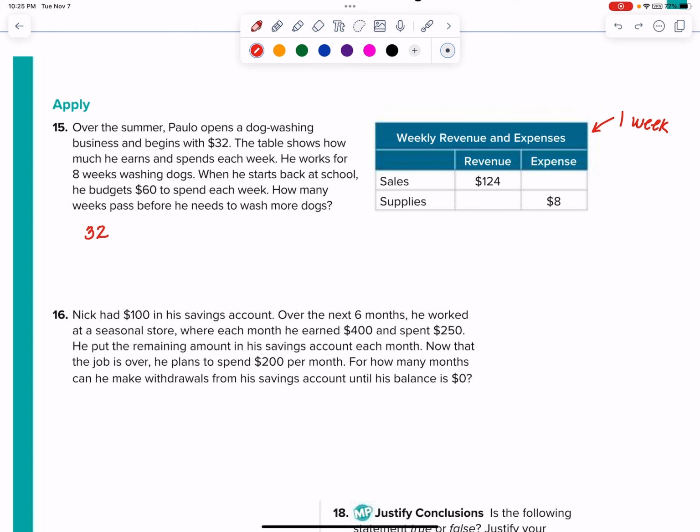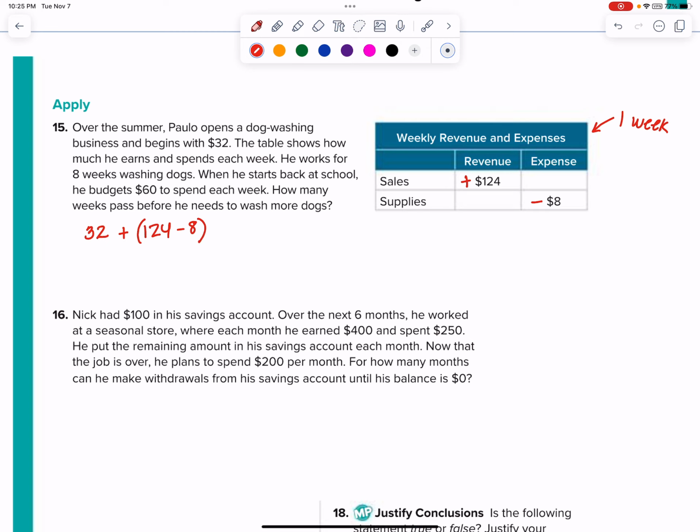Okay, so let's go ahead and break this down. Think about what revenue and expense means. Expense means losing money. Revenue is adding money. So he starts with $32, and then he adds $124. But something else also happens in a week, right? We lose $8, and that's all what happens in a week. Now, the question is how many weeks does he work for?